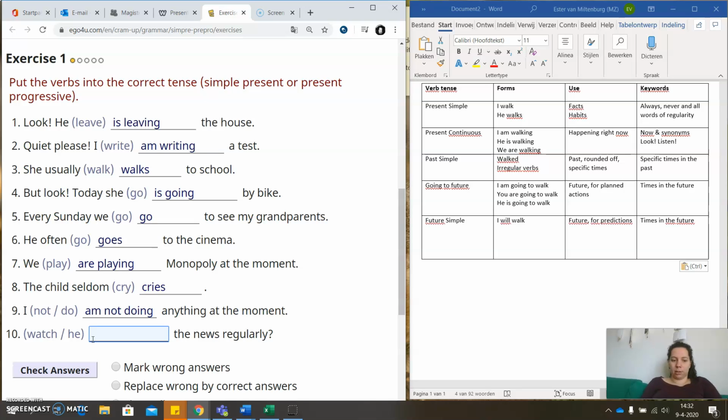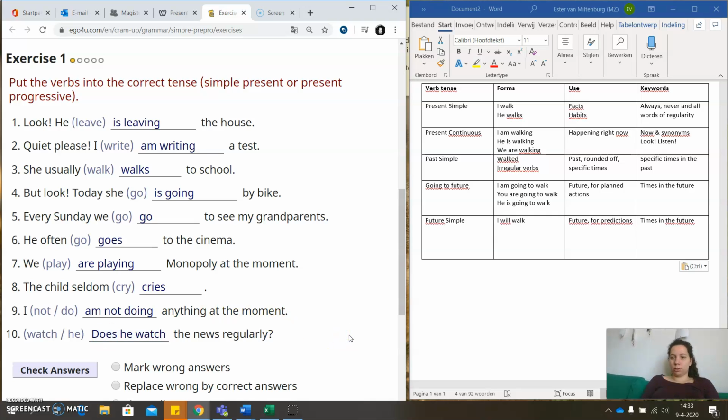That means that usually if it hadn't been a question, the sentence would have been this, but now I need to form a question for it. Normal verbs in the present simple use do or does. In this case, does because the subject is he. And after does, I always use a full verb. So, does he watch the news regularly? And that's the whole thing.